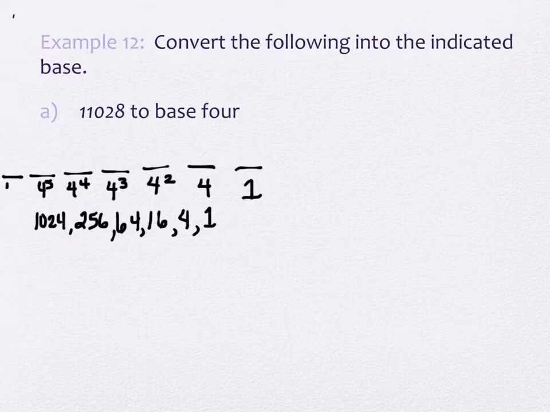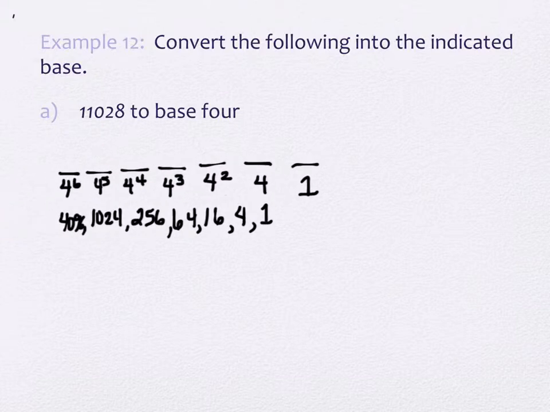Okay, let's go again. 4 to the 6th. 4,096. Just for kicks and giggles, go ahead and do 4 to the 7th. What's that one? 16,384. Okay, and that's too big, right?